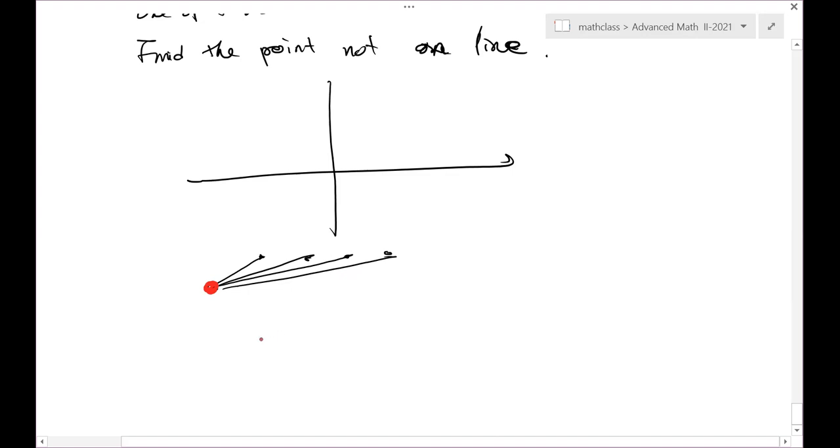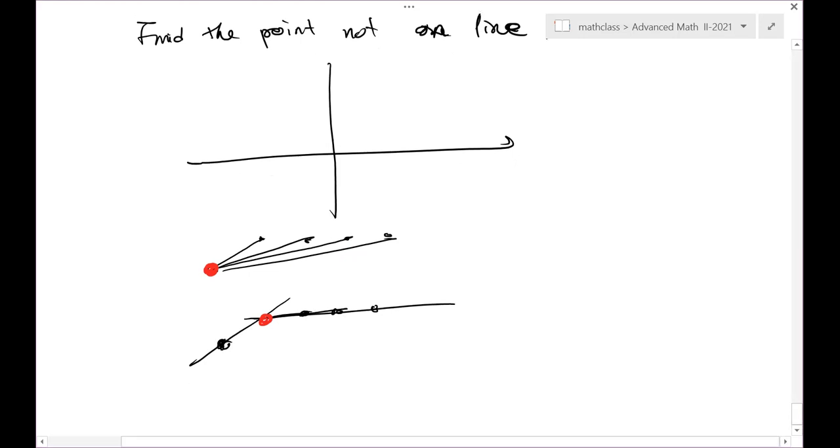But if you pick a point on the line and calculate the slope with the others, the slope with the other 3 points will be the same, but with one point it will be different. So you can find the point which is not on the line.